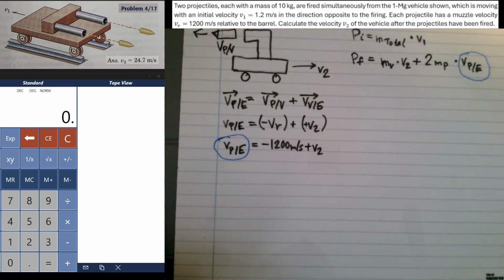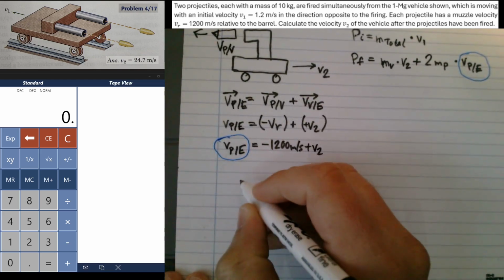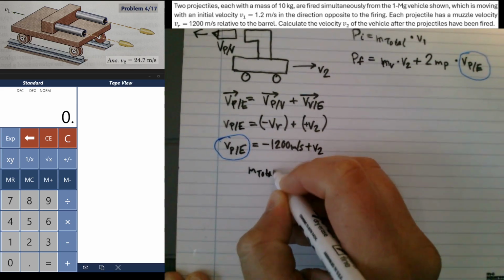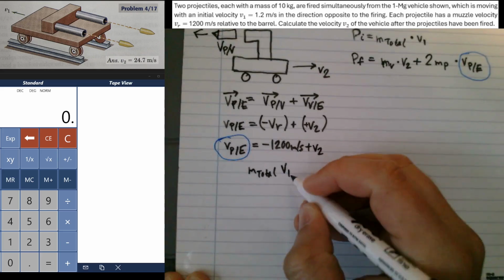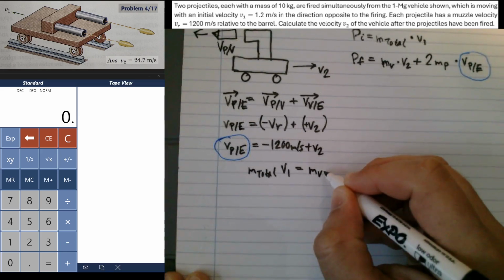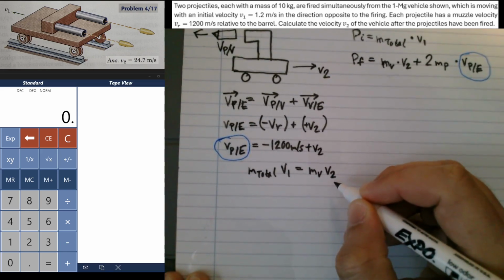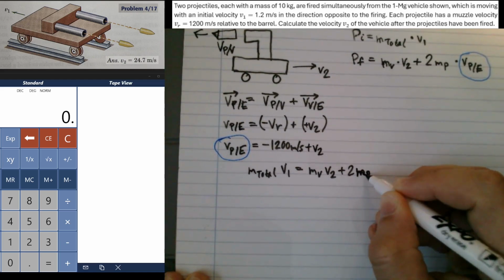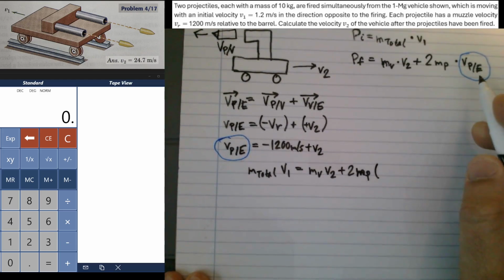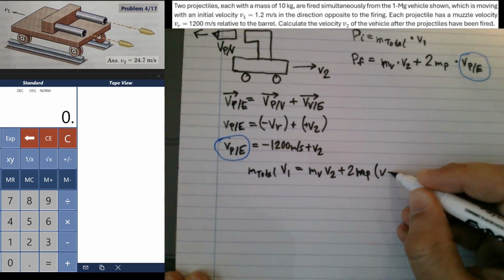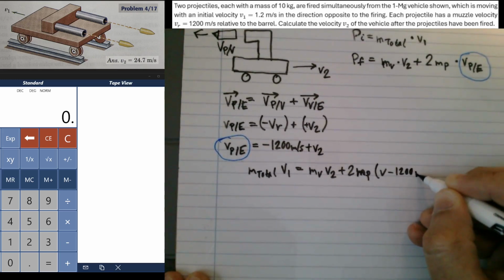So, down here, we know that our initial momentum is our total mass multiplied by V1, and that's equal to the mass of our vehicle times V2 after the projectiles have been launched, plus 2 times the mass of the projectiles, because there are 2 of them, times our absolute velocity, which is V2 minus 1,200 meters per second.